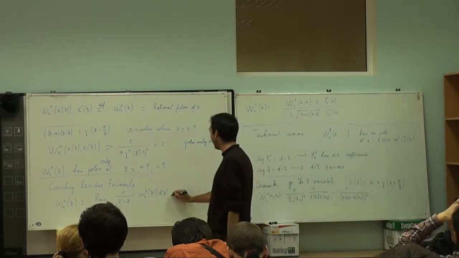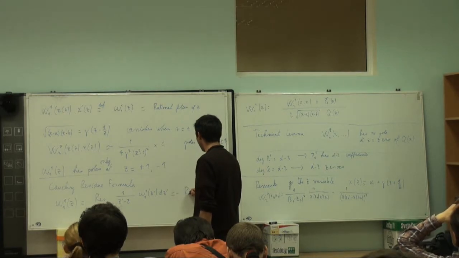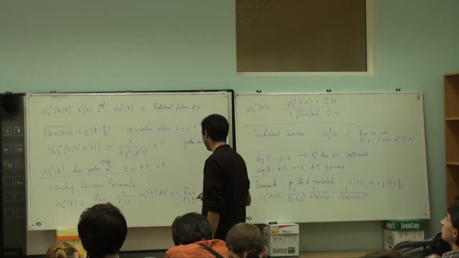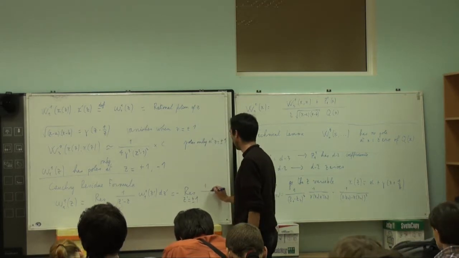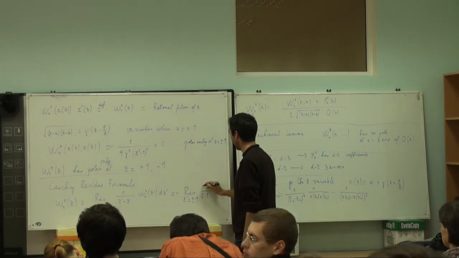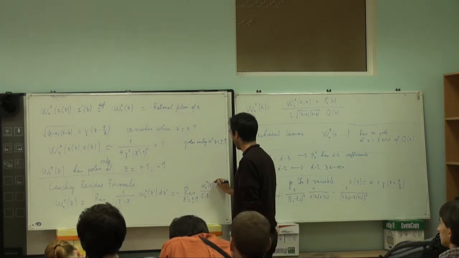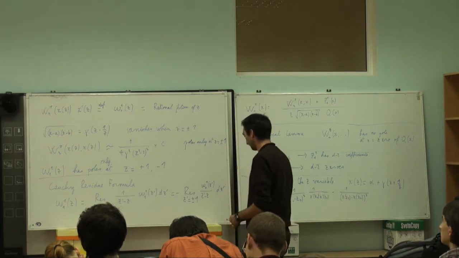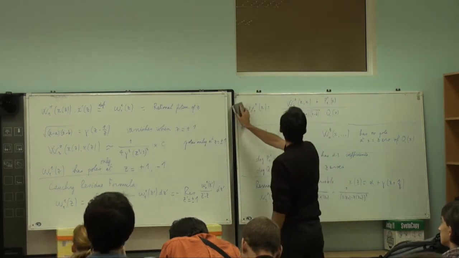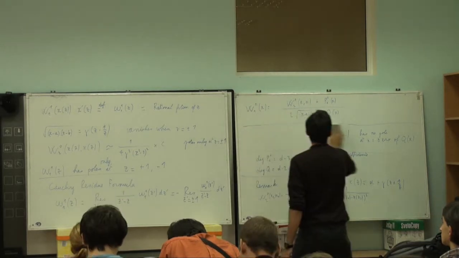So then this is minus the residue at z prime equals plus and minus 1 of the same expression. It seems obvious to say that. I will need this.